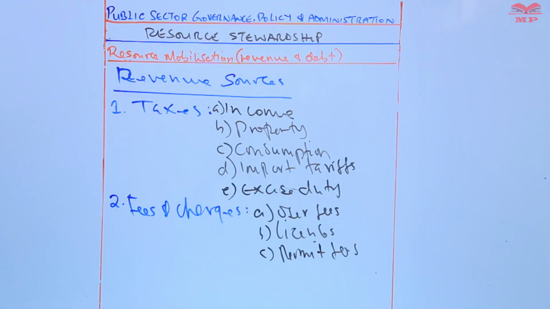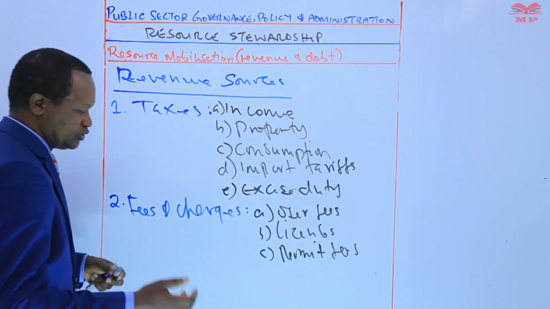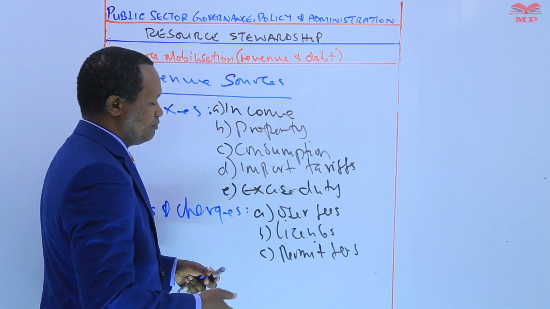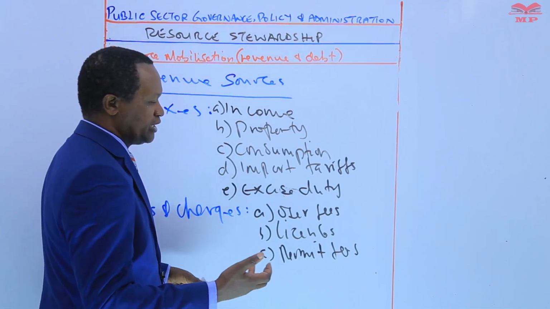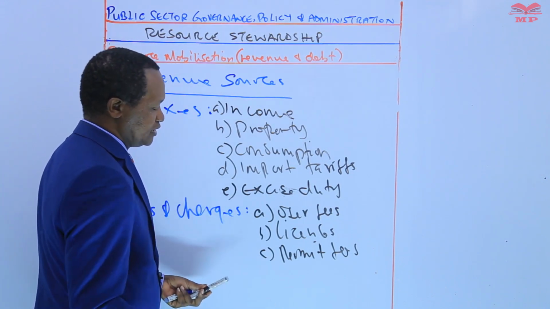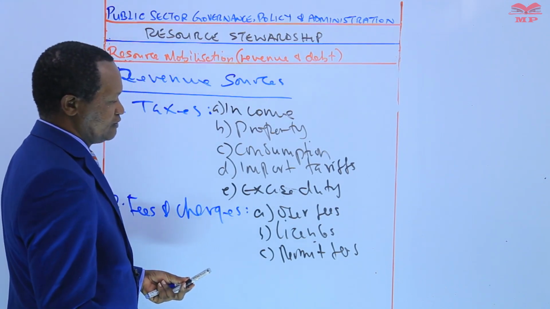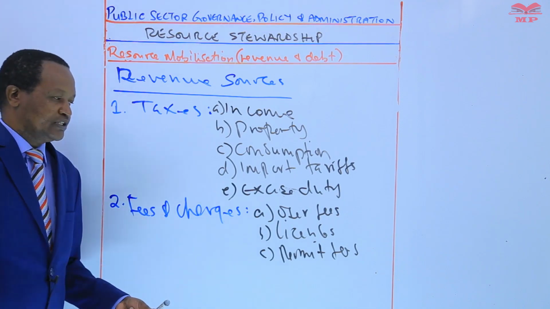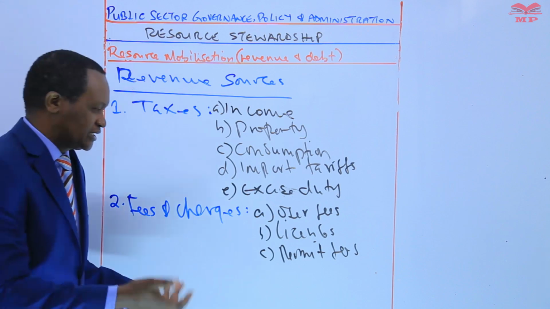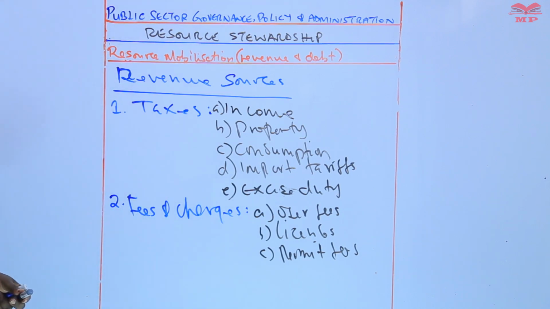This is for construction. If you need to construct business buildings, you may be required to pay permit fees. That is for construction or other activities. That's a source of revenue to the government.